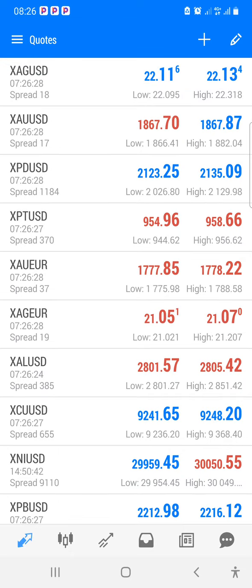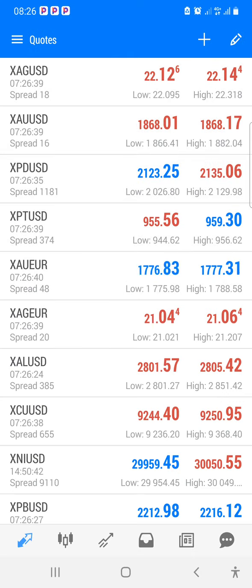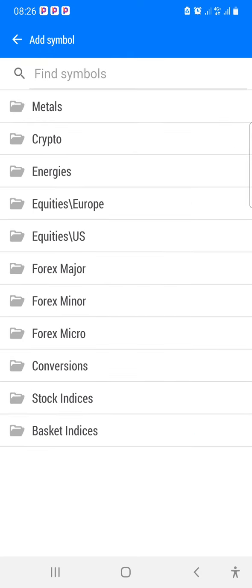If you want to add to it or remove anyone, click on it. You click on this if you want to add anyone. Let's say I want to add crypto. You can trade crypto too on MetaTrader 5.